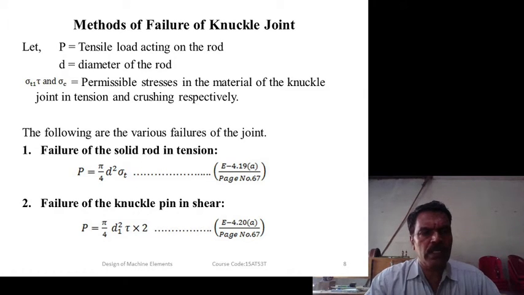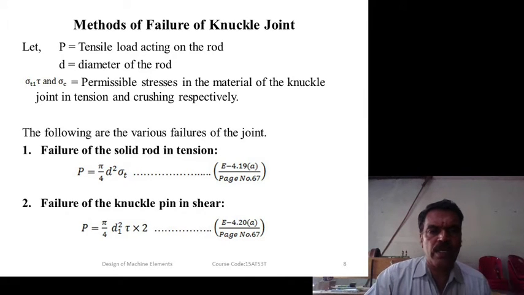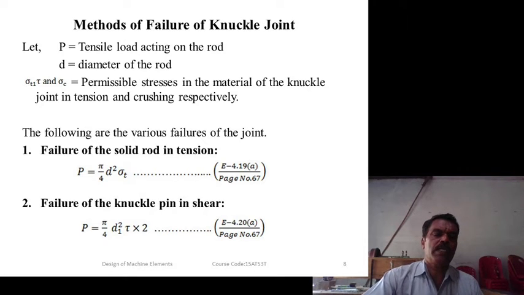Next, the second failure is failure of the knuckle pin in shear. Here shear load P is equal to area into stress. Since it is failure of the knuckle pin in shear, shear stress tau is applied, multiplied by 2, because shear load is applied at both the upper end and the lower end.